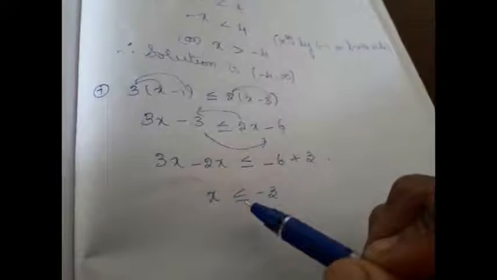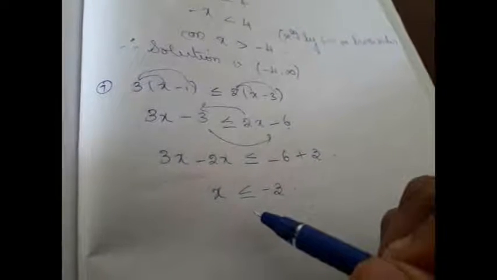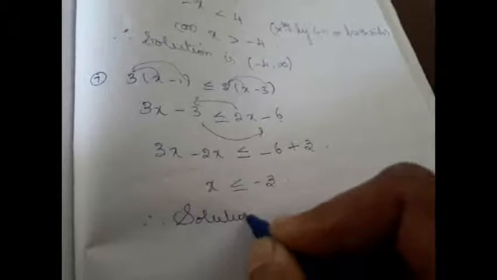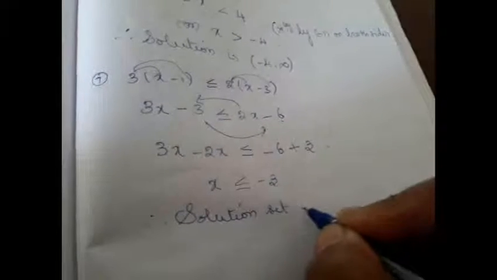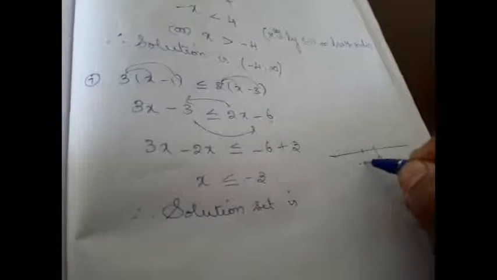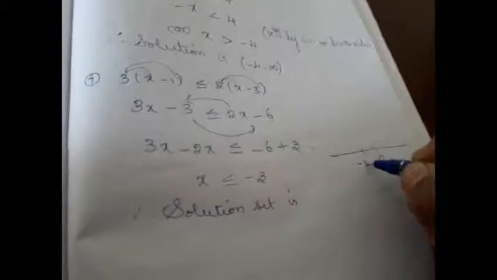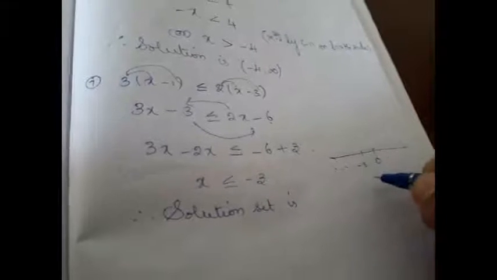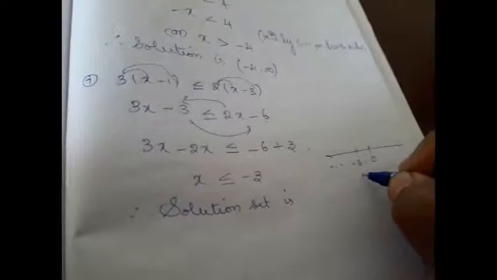You should see here, this is a slack inequality which has an equality sign. Therefore the solution set will be x less than or equal to minus 3. Here you have somewhere minus 3, right? And it is less than or equal to minus 3, which means this side. This is your solution set. When you move this side, it is greater, right?